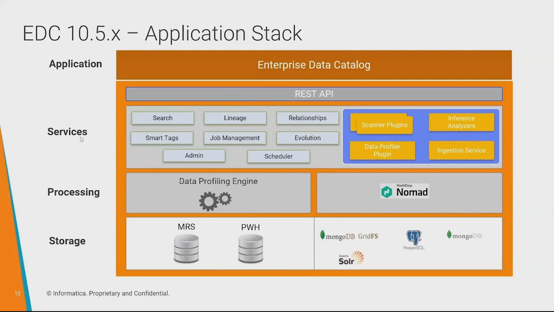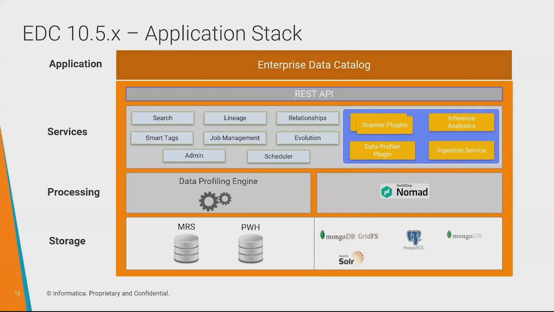Right. On the services layer, we have services used internally, more like a service-oriented architecture. We have search services, lineage services, relationship services, job management services, and a scheduler for all the job scheduling and other purposes.